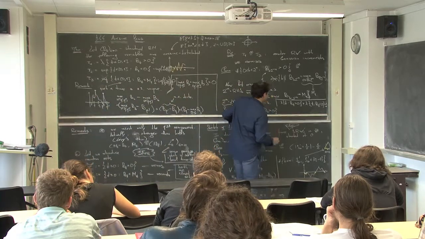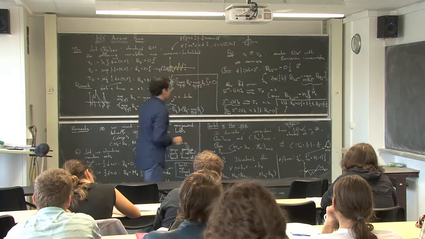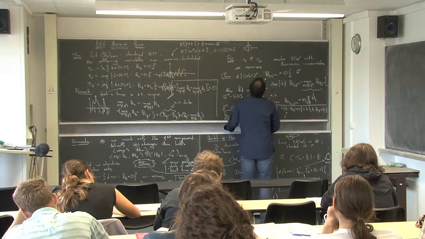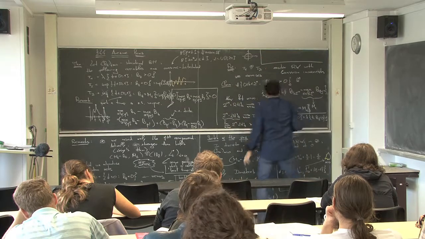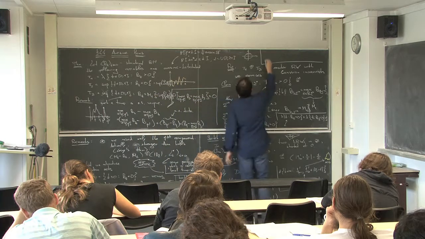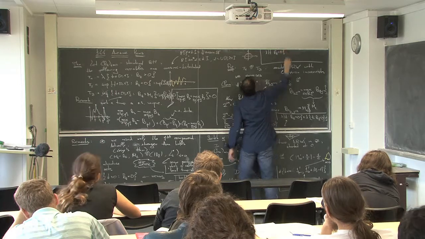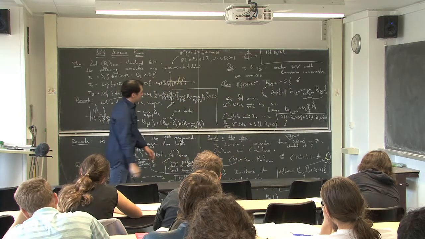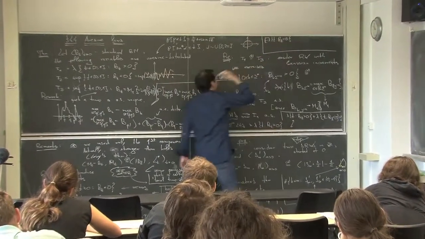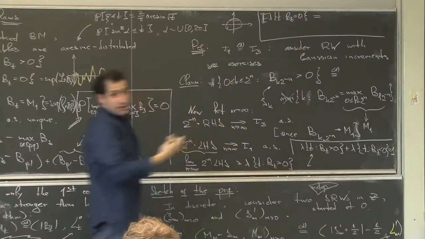Why? I need to finish the proof somewhere. Okay, what is the measure of the zero set? What is the expectation of this measure? This is some random variable, so what's the expectation? You just use Fubini.